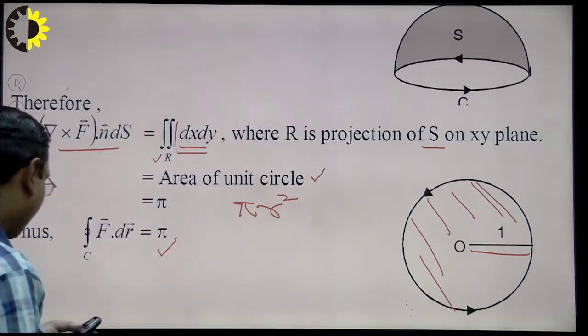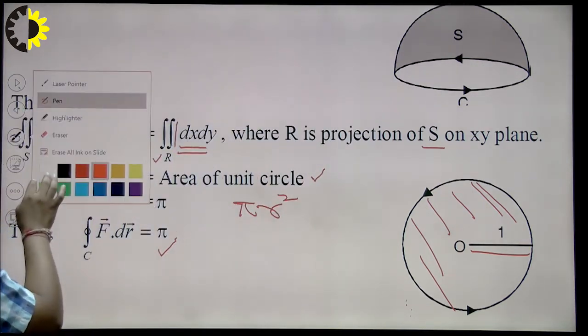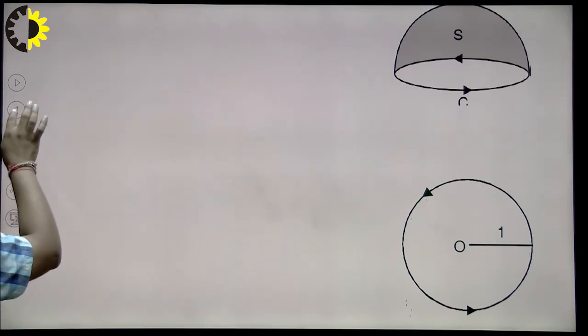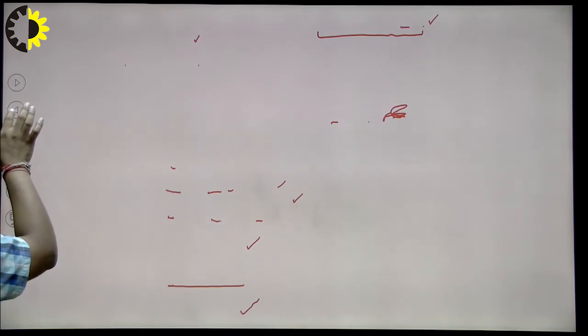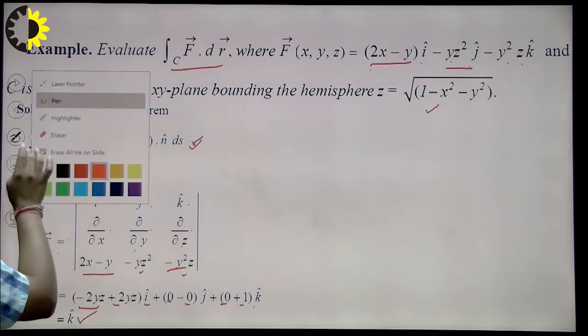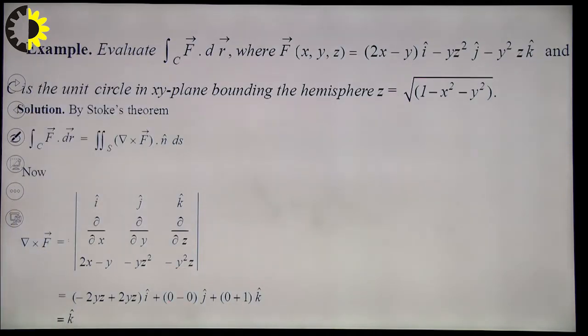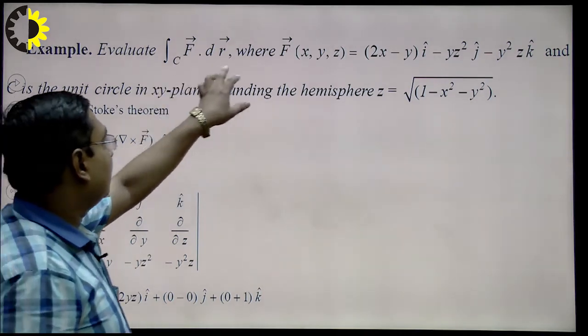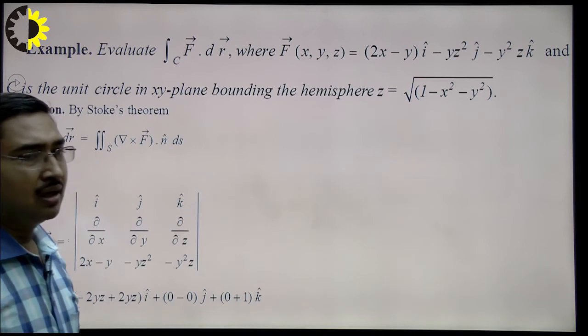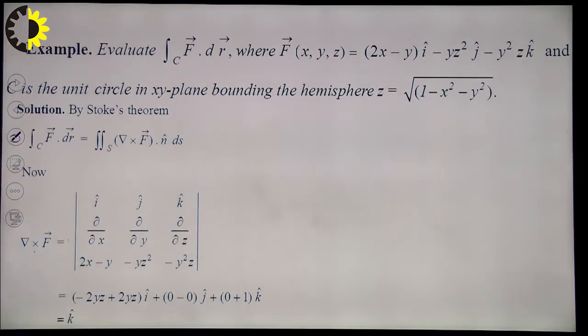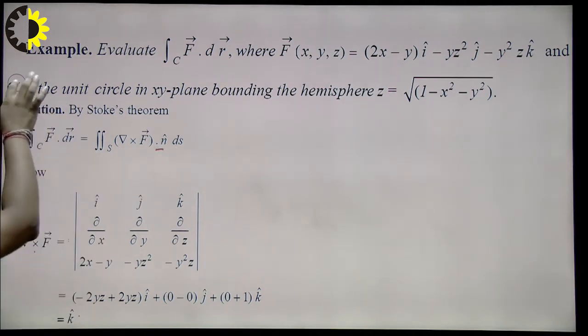Let me sum up once again. I want to evaluate this integral over C of F dot dr with the help of Stokes theorem. For this, I calculated del cross F first. Its value came out to be k cap. Then this n cap is required.